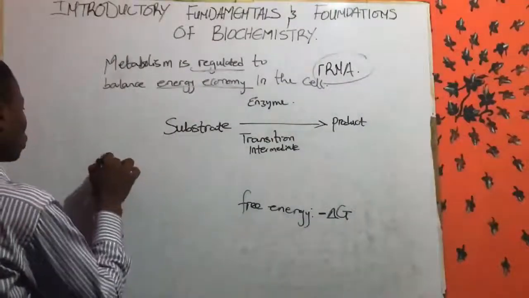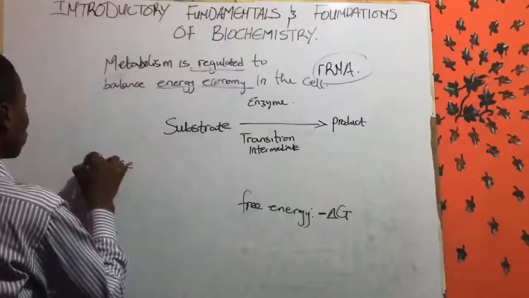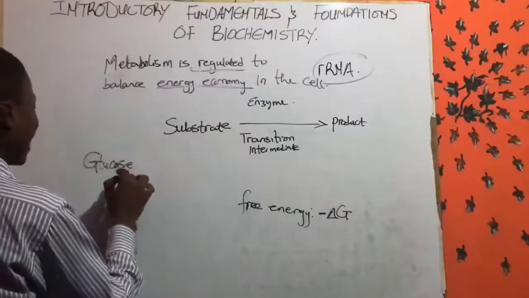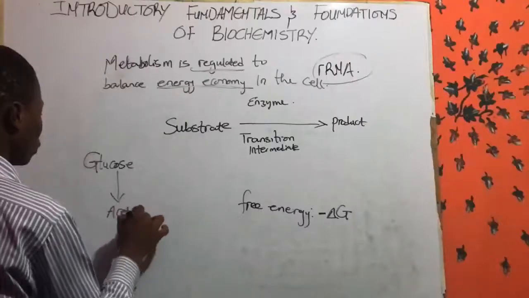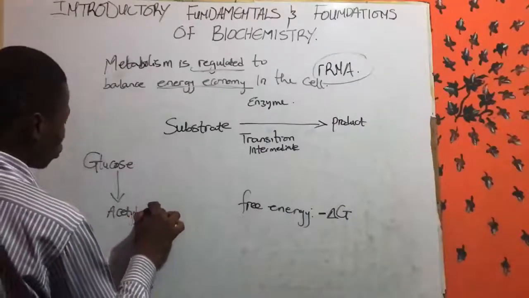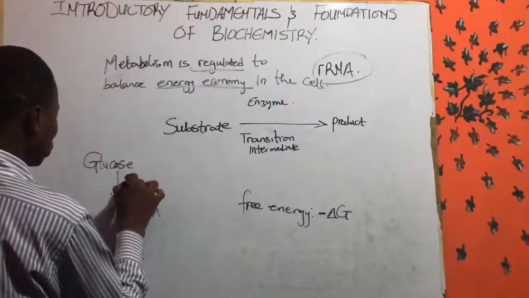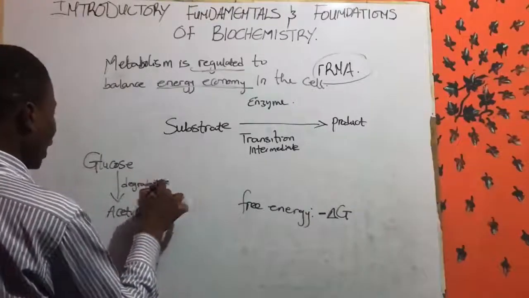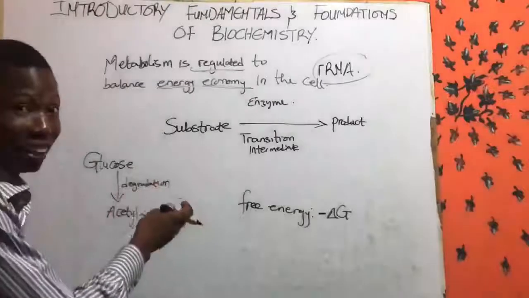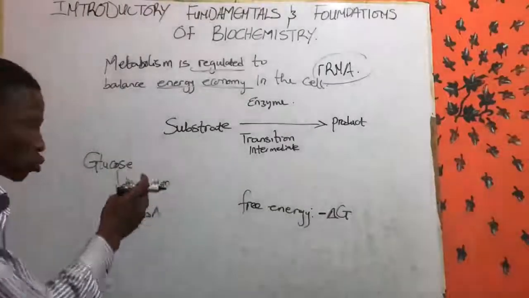Glucose will break down to give acetyl-CoA. Degradation. Now, the degradation here is glycolysis and the pyruvate dehydrogenase complex reaction.